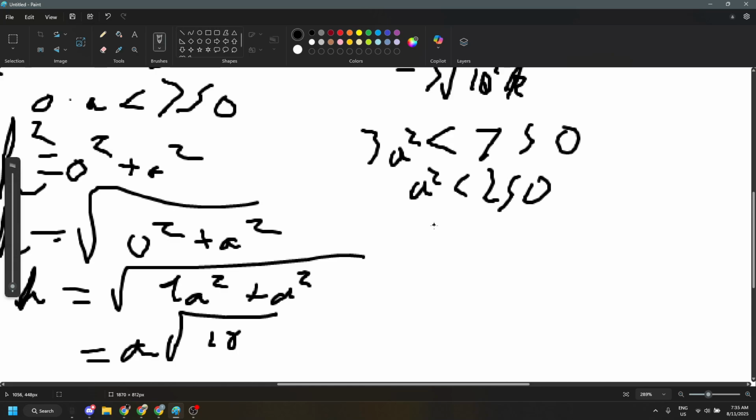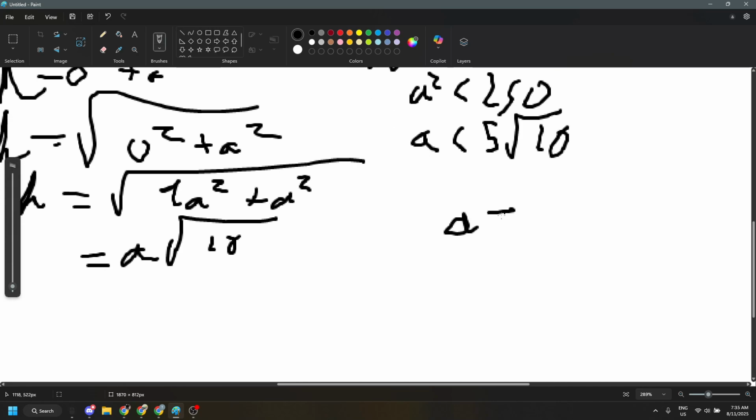Now if I take A is equal to the square root of this, what goes into this? 25 goes into this. This is 10 times 25, so the square root of 25 is 5, root 10.